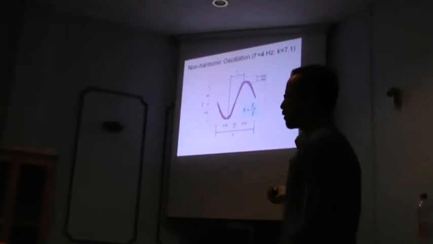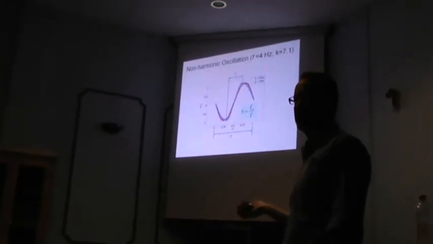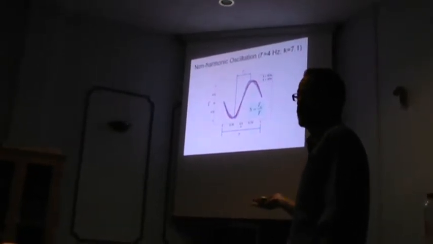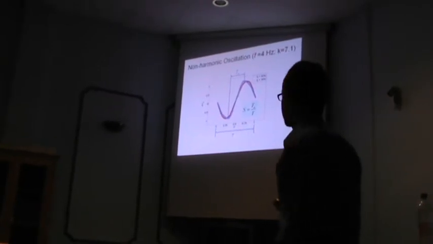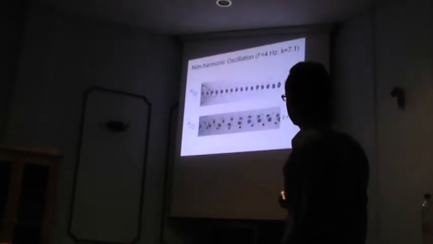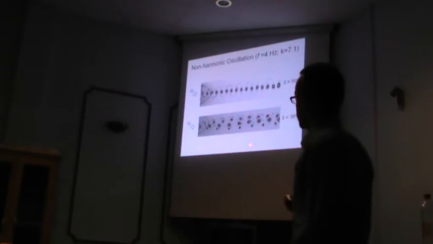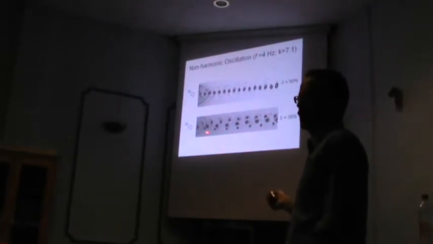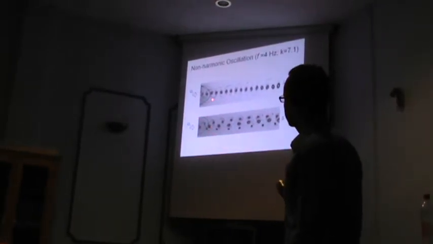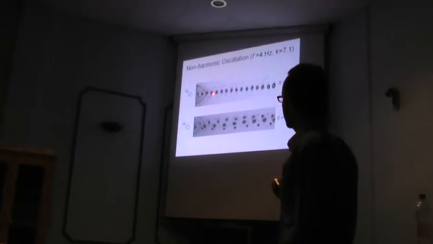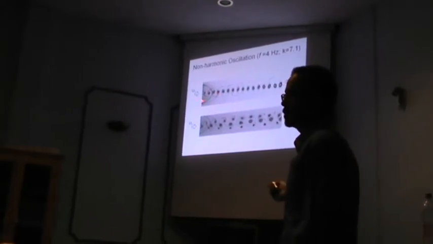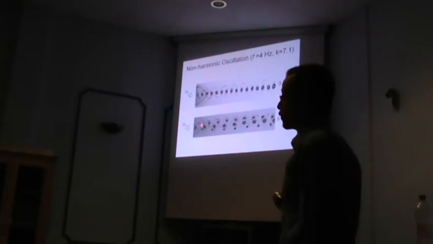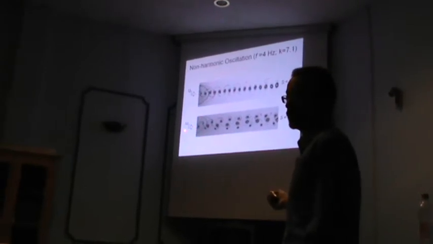Now, to your eyes, that looks like a very subtle change, not very much deviation from symmetry. However, if you look at the wake structure, it's completely different. Not only is it not just a pair of counter-rotating vortices shed per cycle, you actually get three pairs of vortices shed per cycle.